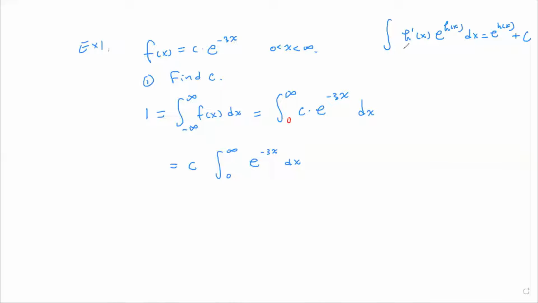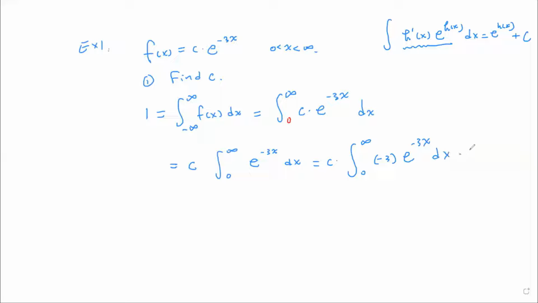But the thing is that I need this h prime in front of this e to the negative 3x. The derivative of negative 3x is very easy. It's negative 3. So what I'm going to do is to multiply by negative 3 times e to the negative 3x, then I divide by negative 3.